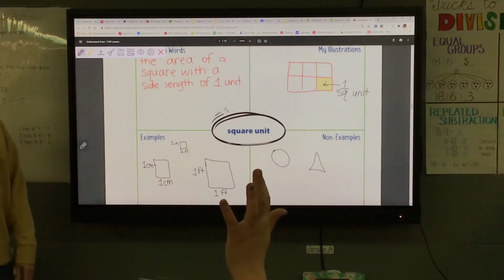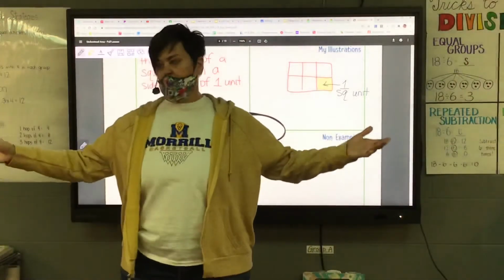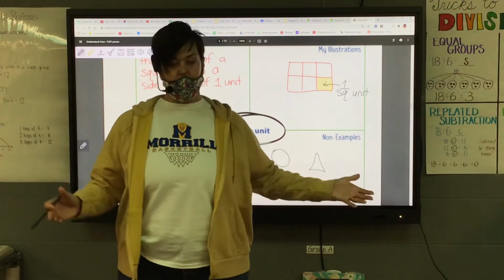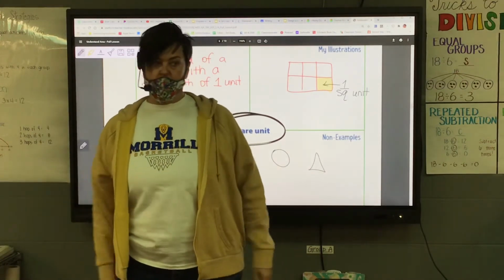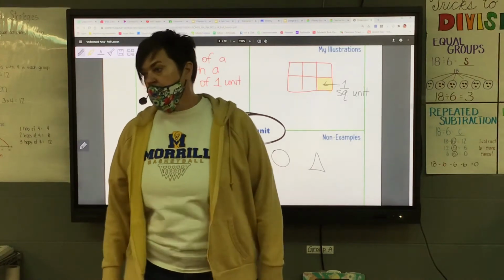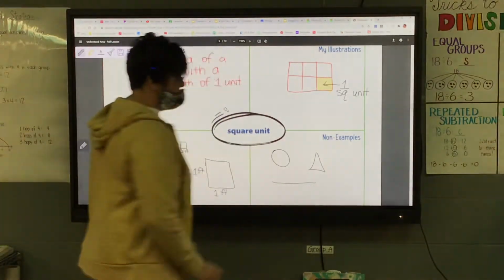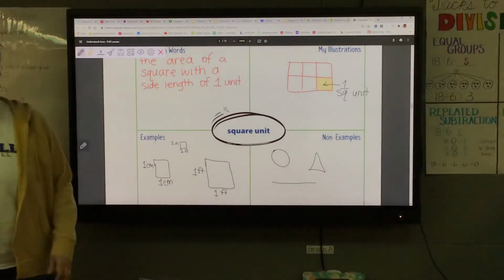Connor, a hexagon. So basically any other shape, right? Any shape that you want to draw. Maybe you want to draw a decagon or a parallelogram. Even a line, friends, is a non-example.